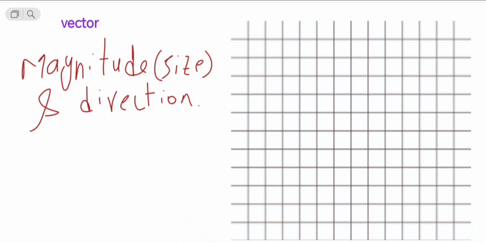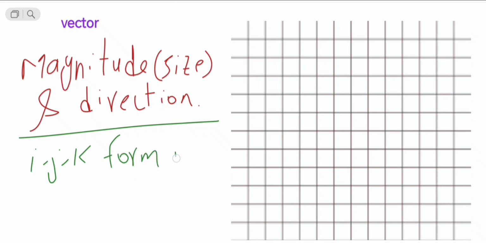Okay, then the vector can be written in two different forms. It can be written in i, j, k form or in column. Two ways you can write.